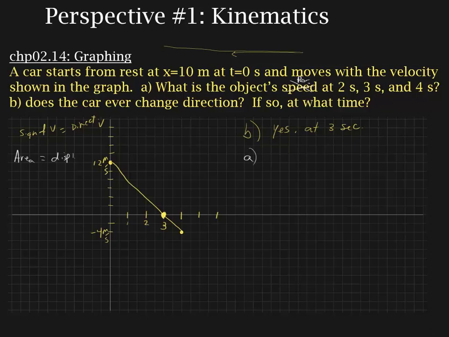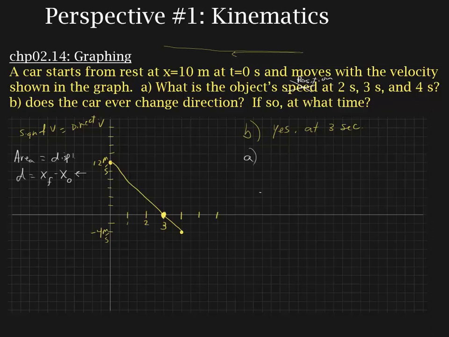This should be position. Position and displacement are not the same thing, but they are related, because displacement is equal to the change in position, which is x final minus x initial. So we're going to be using this equation primarily to determine what's going on.